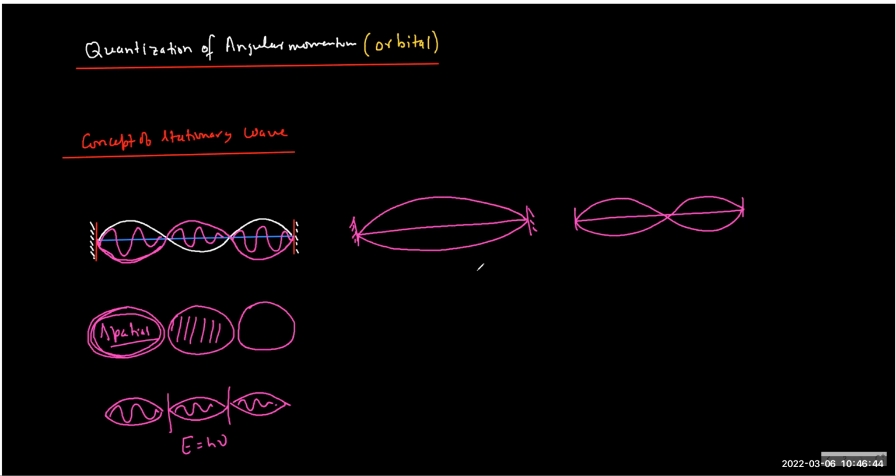So what happened was, when Rutherford gave his theory of the atom, he said electrons are moving in a circular orbit. Because of classical physics, if something is orbiting, it is accelerating, and every acceleration leads to the radiation of energy.